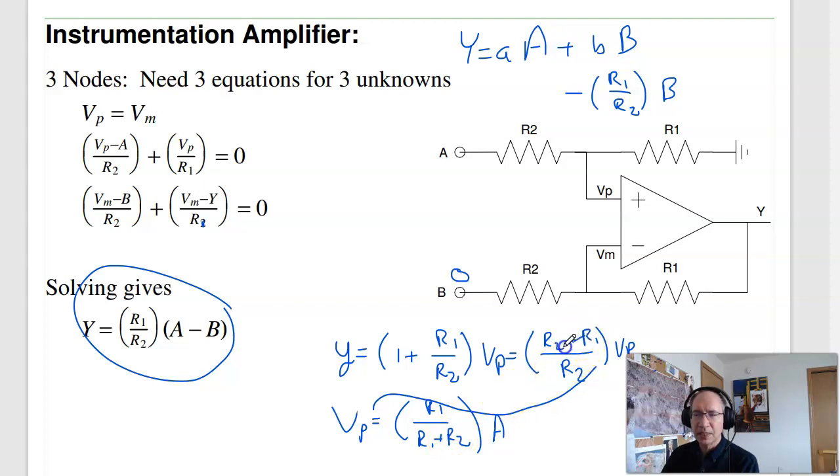And I get, this cancels with that, giving you plus R1 over R2 times A, like that. So that's Y by superposition. So the gain is plus R1 over R2 times A minus R1 over R2 times B, or R1 over R2 times A minus B.